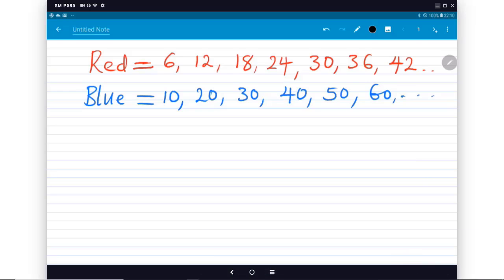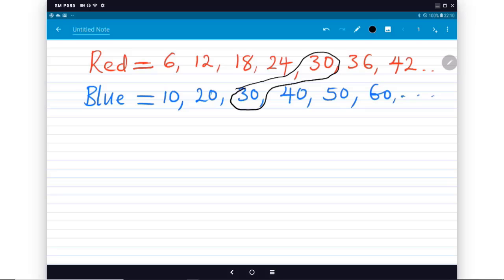Now the question is asking us that if the two lights flash together now, how many seconds later will they flash together again? Like how many seconds from now will they flash together again? And from what we are seeing here, that will only happen at this time. That is 30 seconds from now.